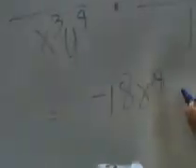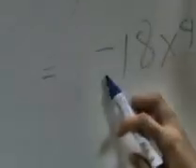And then just multiply this. 9 times -2 x^4 y^5 is equal to -18 x^4 y^5 all over x cubed y^4 times 1 is equal to x cubed y^4. And then just divide this one. The final answer is -18xy.